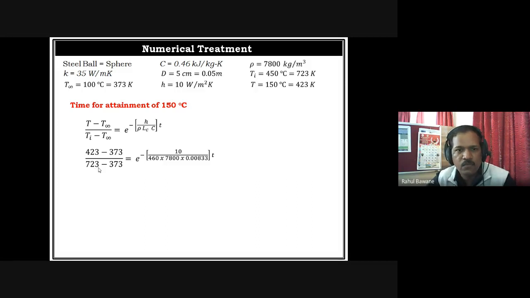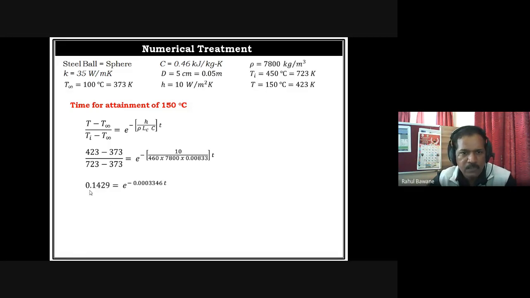Then 450 degrees centigrade initial temperature minus again surrounding is equal to e raised to the power minus h upon rho C Lc times t. Sorry, this is the C value. So 460, kilojoule, I converted into joule. Rho is 7800 and characteristic length is 0.00833.